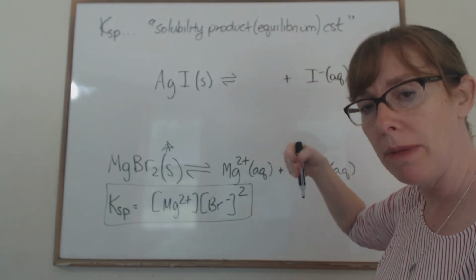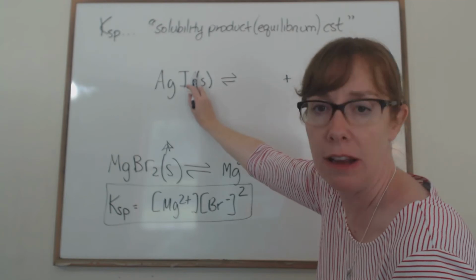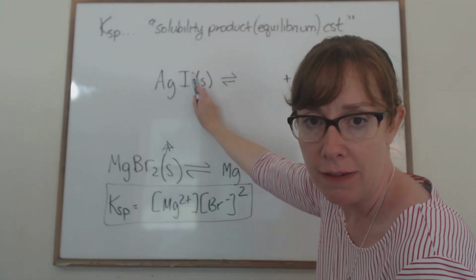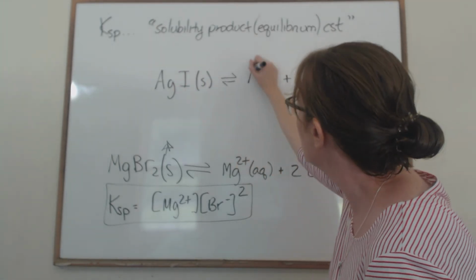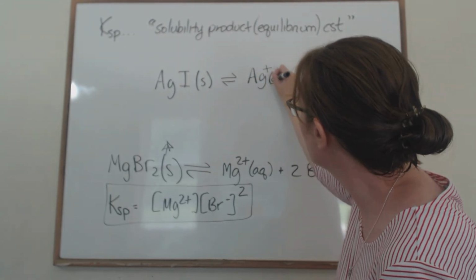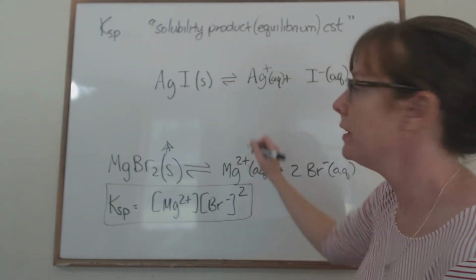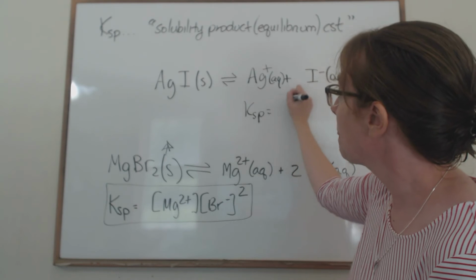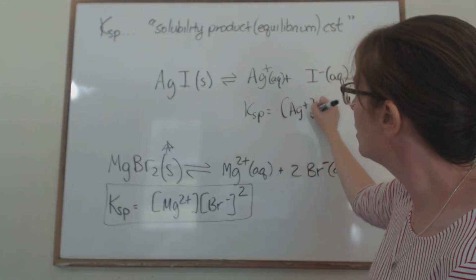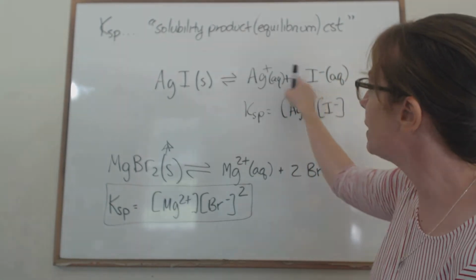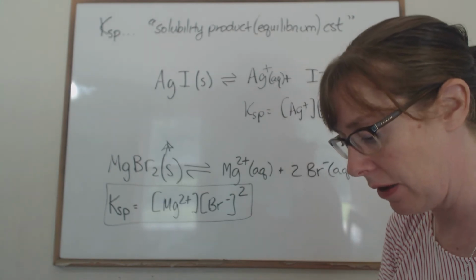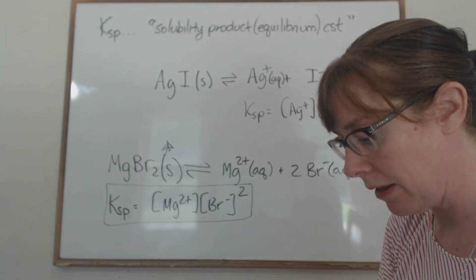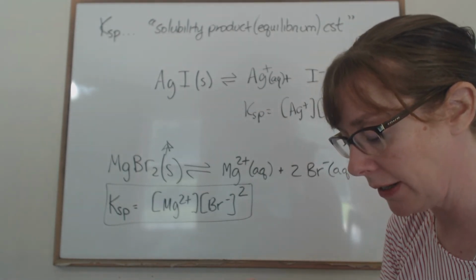They always make the 1- anion. From that, you can infer that if iodine is 1-, silver is 1+. So that would be the dissolution reaction, and the KSP would literally just be this times this. No powers, because they both have an exponent of 1. So that one would be the 1, 2, 3, 4, 5th choice.